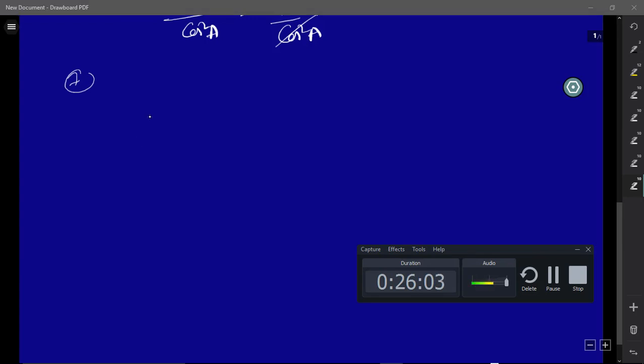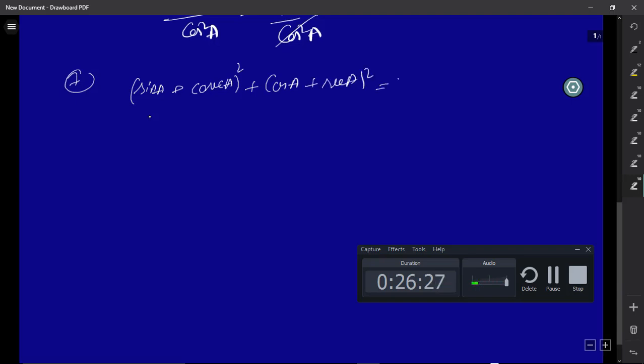I have to prove that sine A plus cosecant A whole square plus cos A plus secant A whole square is equal to 7 plus tan square A plus cot square A.